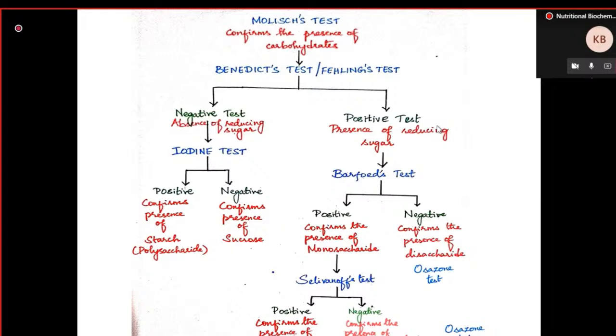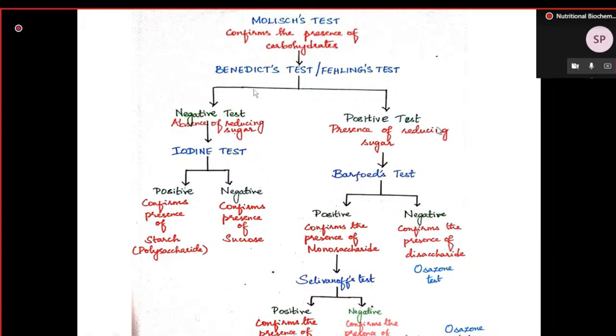Yes, ma'am, completely non-reducing. So, if your Benedict's test is negative, there are only two options. It should be either a polysaccharide or a sucrose.